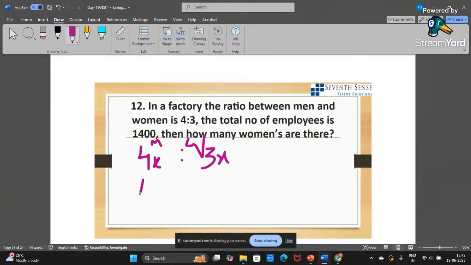So next step. Adding this, 4x plus 3x equals 1400.